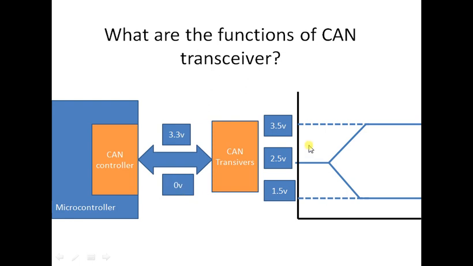But the CAN voltage levels are different. If any node wants to send a dominant bit on the bus, it should send 3.5 volts on CAN high and 1.5 volts on CAN low. This cannot be done by the microcontroller, so that is the reason we need a transceiver, which will convert the voltage logic from TTL to CAN bus voltage logic. This is the main function of a CAN transceiver.